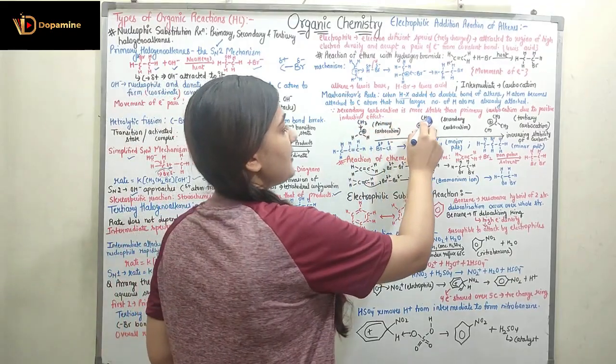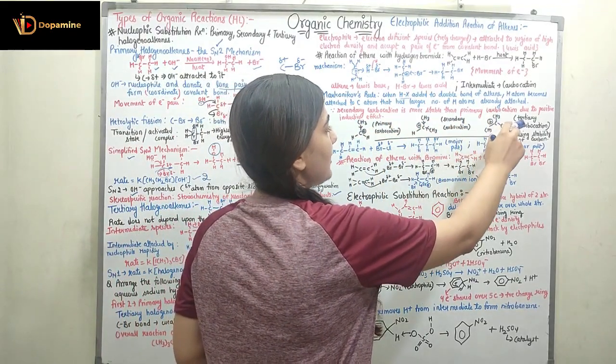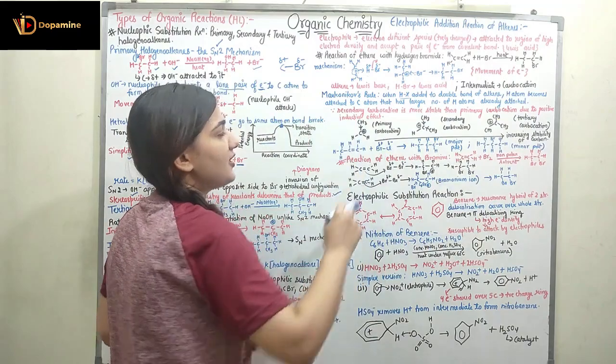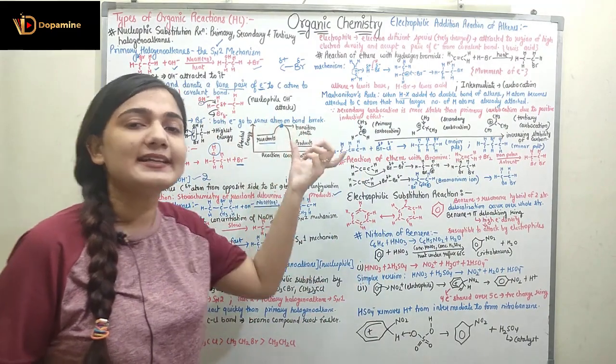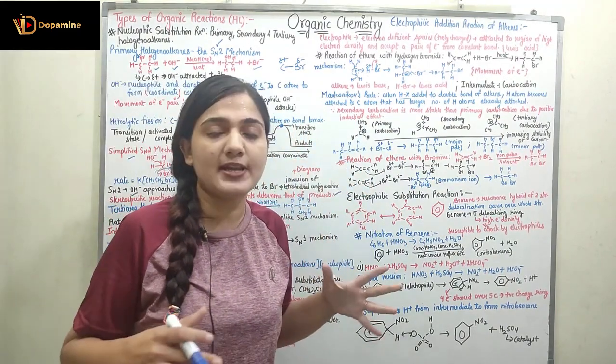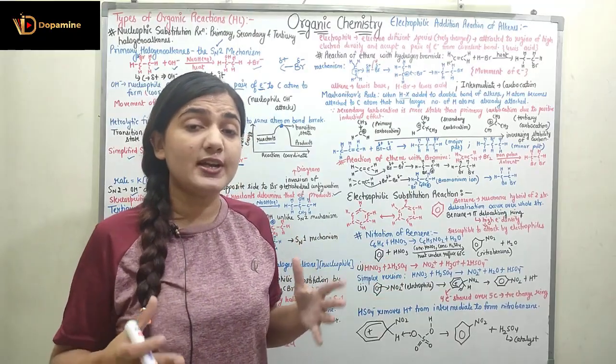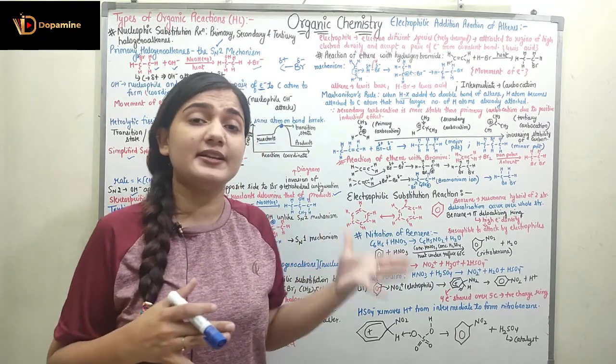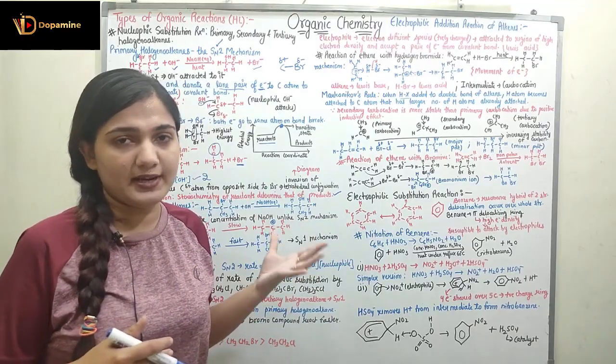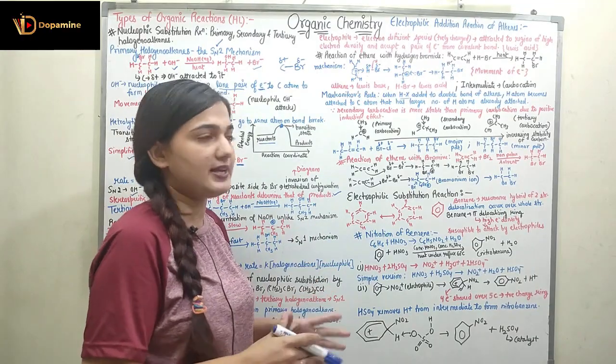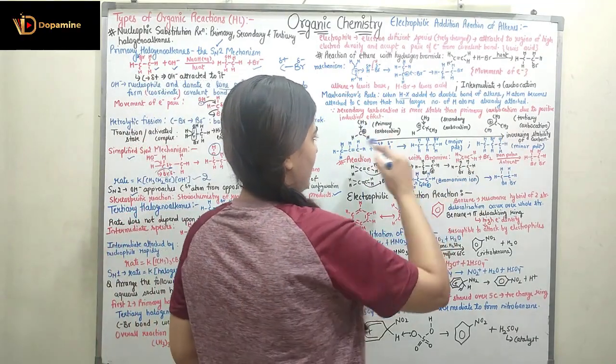secondary carbocation is more stable than primary carbocation due to the positive induction effect, and even tertiary carbocation is more stable than secondary carbocation. Of all of them, the tertiary is the most stable. Here you can see the various carbocations.